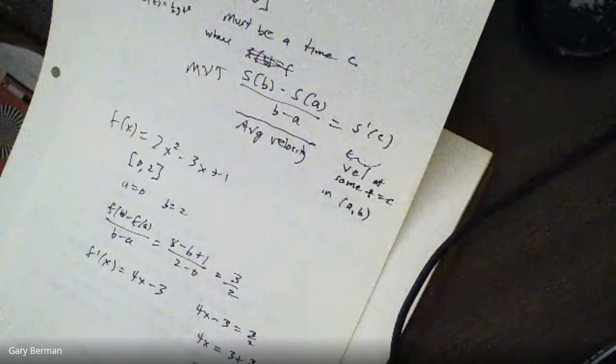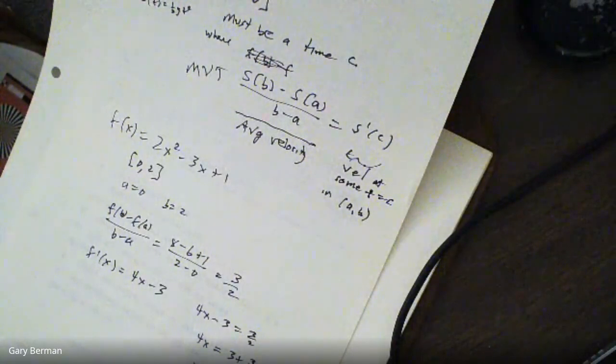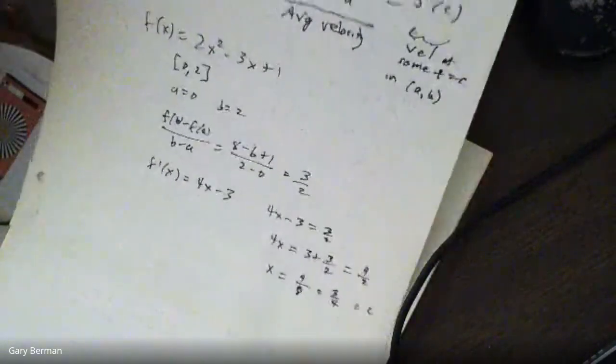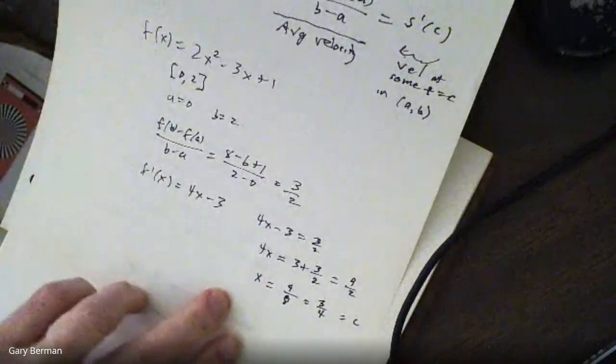So x is equal to 9 over 8, which is 3/4. That's your point C. So in this particular problem, we were actually able to find the point C that the mean value theorem predicts has to be there.